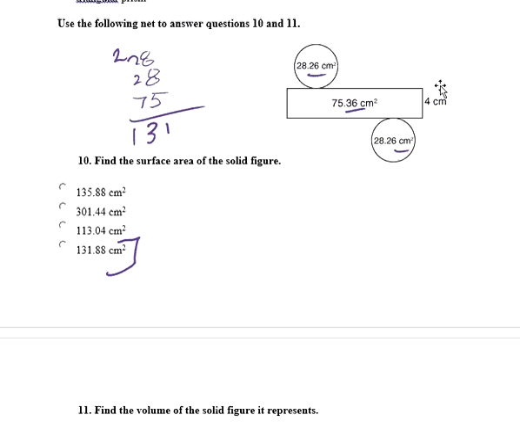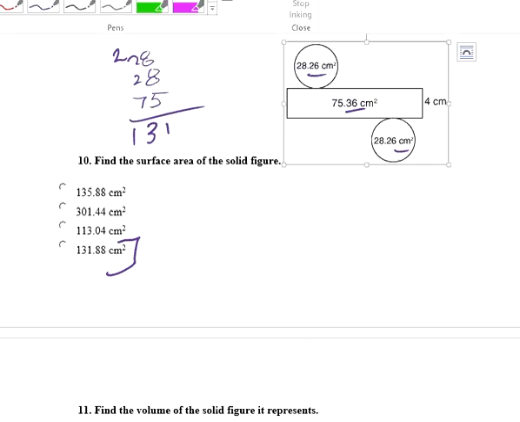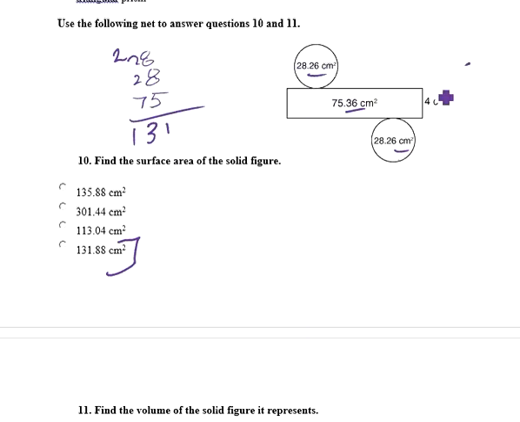So the volume will equal the height times the area times 28.26, the area of the base. So the volume is base times height, right?